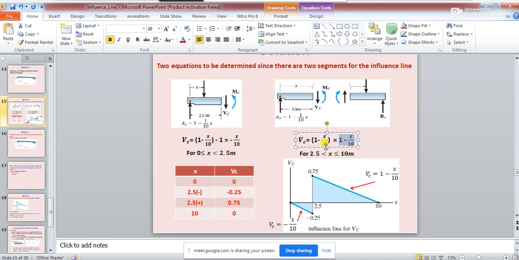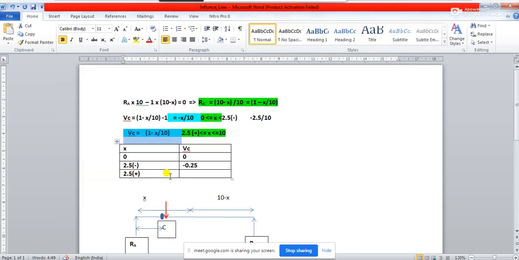Now you see, here is what is happening. When this load has just crossed this and has moved to the other part, you will have to take the equation of shear force as 1 minus x by 10, and for that you see how much will be the value.